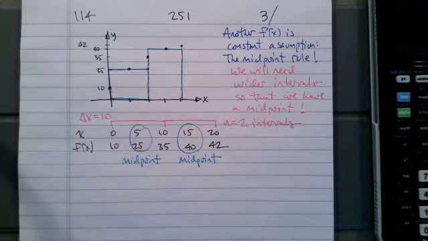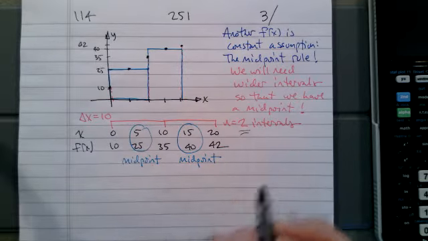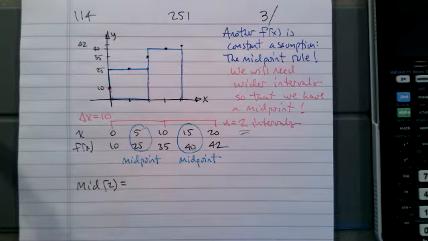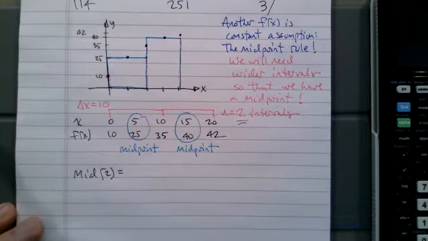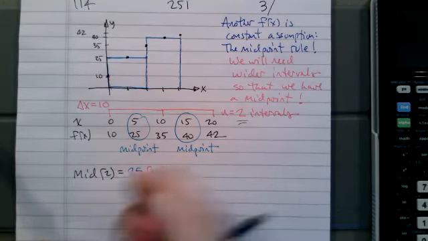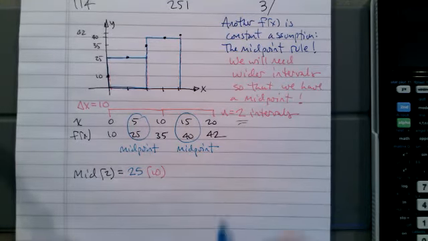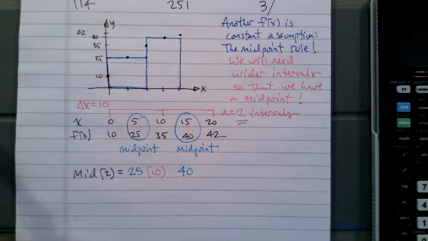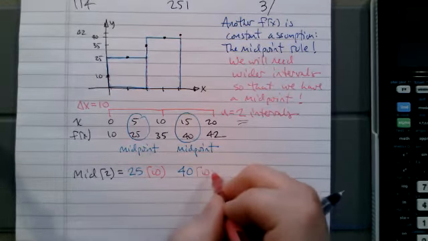So I'm only going to use 2 subintervals, so my midpoint rule is going to be, I'm going to use 25 for the first midpoint, but my delta x is now 10. And then my next rectangle has a midpoint of 40, but my delta x is 10.